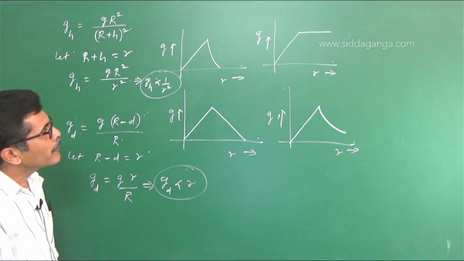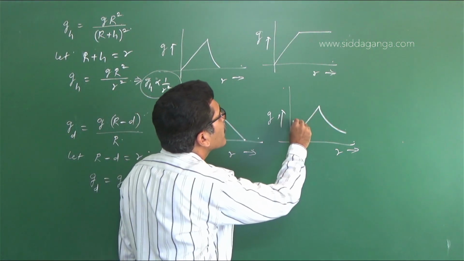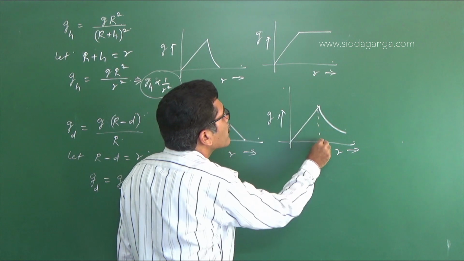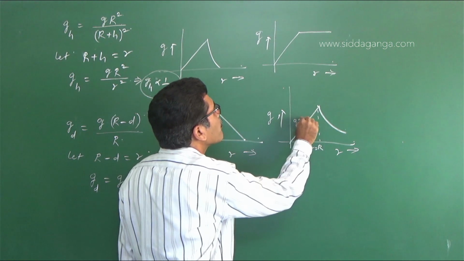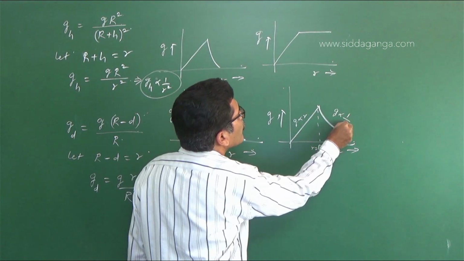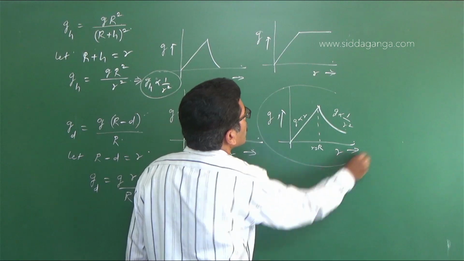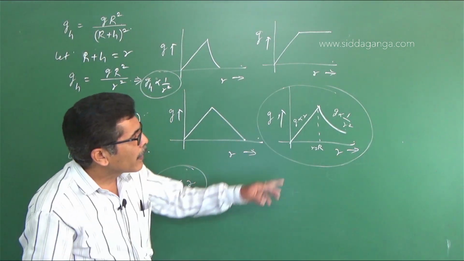When you combine these two, the fourth graph appears to be relevant. Here, this is inside, r is less than R, g directly proportional to r. Outside, g is inversely proportional to 1 by r square. Therefore, this graph is very much relevant.